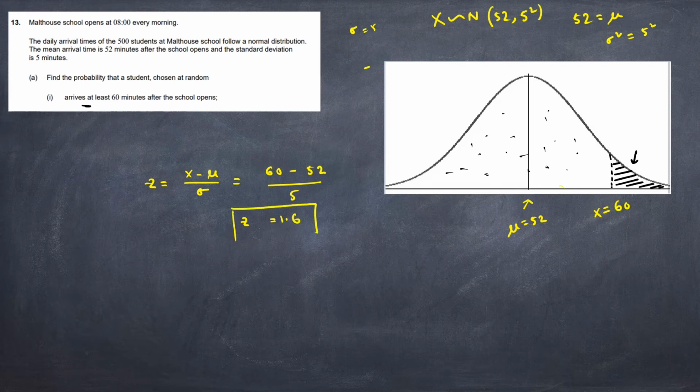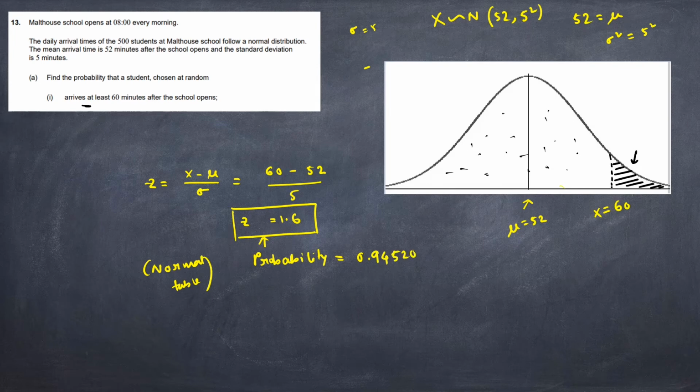So for this z value 1.6, the probability is from the normal table. You will find it from the normal table itself. You will find that the probability is 0.94520.